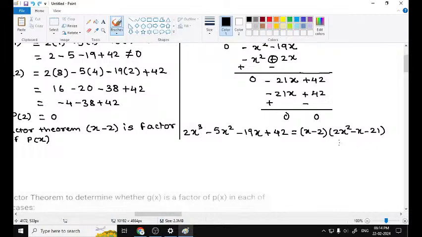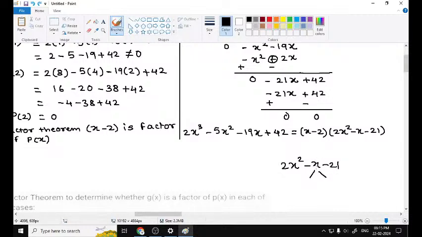This is a quadratic, so it will give two factors. Consider this 2x square minus x minus 21. Now this c term is negative, so the two terms which we are looking for will have different signs because this term is negative.